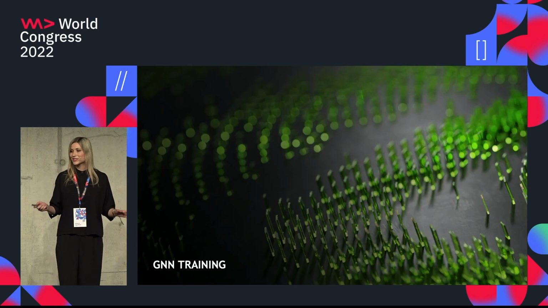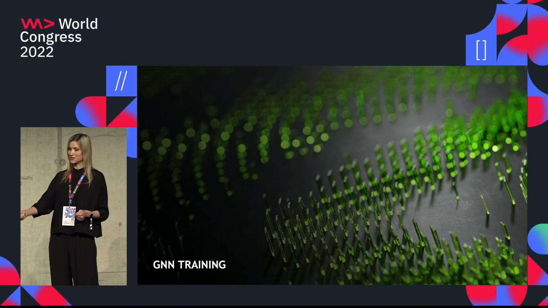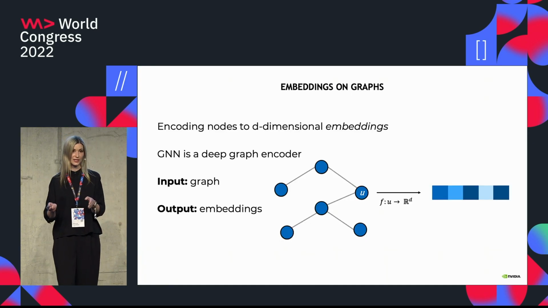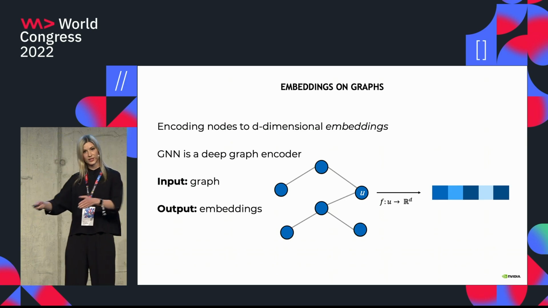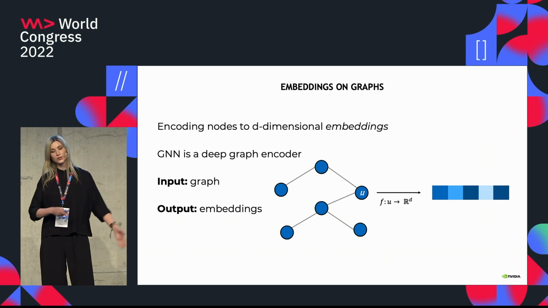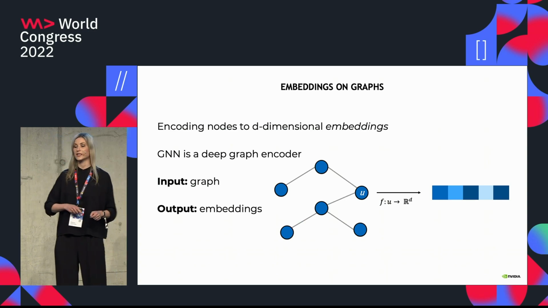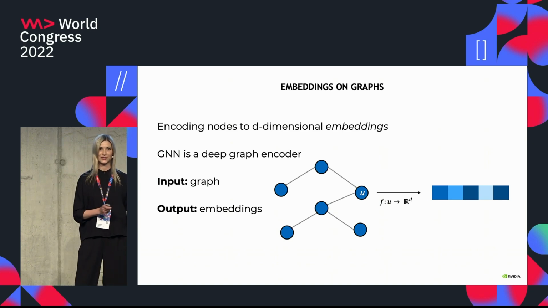So now to the most exciting part, how do we actually train graph neural networks? In order to train something, we need to encode some certain features. And I already mentioned we have node features, edge features, and global features. So we need to take these input features and transform them into some digestible format for the neural network.